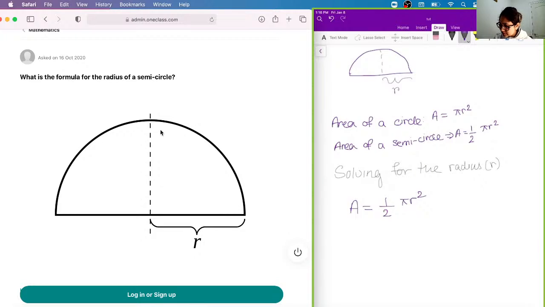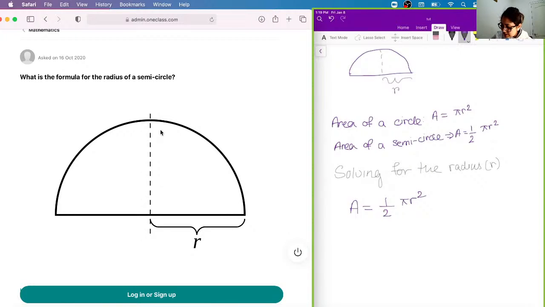The next thing we're going to do is move the half to the other side, because we're trying to isolate r. Whatever's attached to it, in this case a half and pi, we move to the other side, and to do that we need to change operations. Since half is being multiplied by this whole term, if we bring it to the other side, it's going to be in a division state.